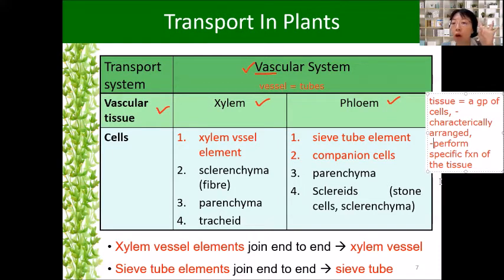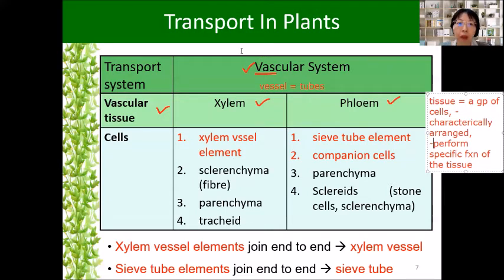Very interesting. So the definition of tissue is a group of cells that may not be similar. These 4 different types of cells are characteristically arranged, and they group up together to carry out the specific function of the tissue. Each cell plays a different role, but all of them work together to achieve the specific function of that tissue.